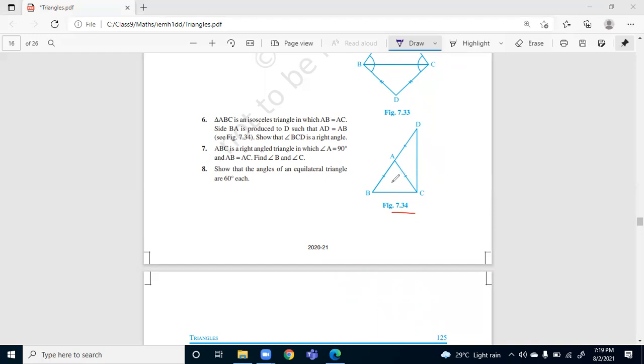So ABC is an isosceles triangle. Whatever is given in the question, that we will be writing first. So first point is AB is equal to AC. Second point is AD is equal to AB.